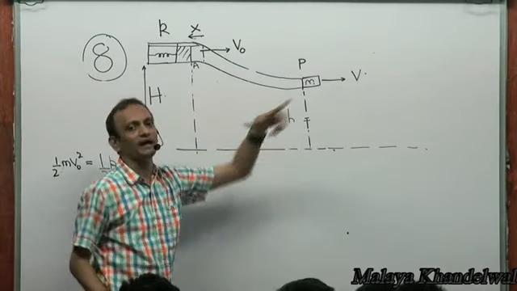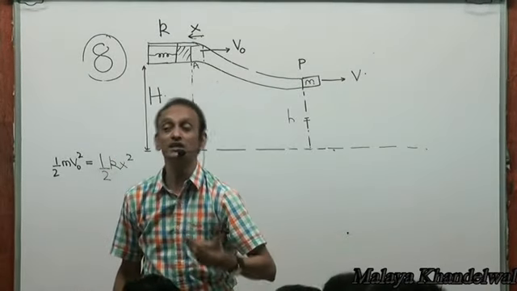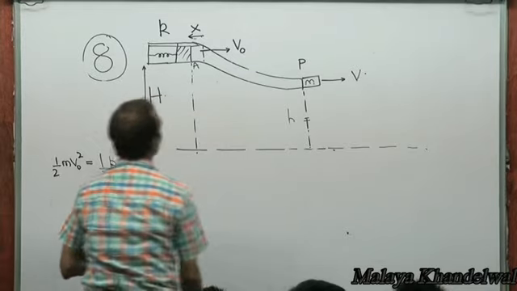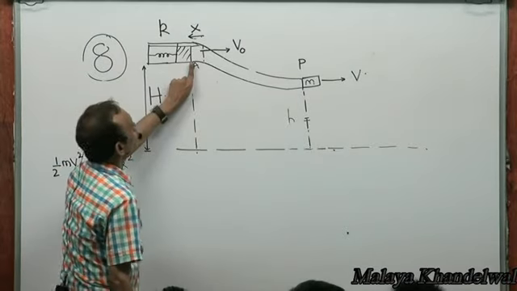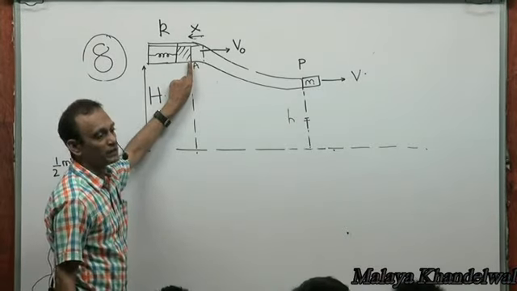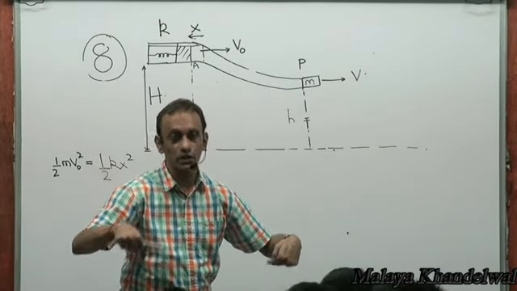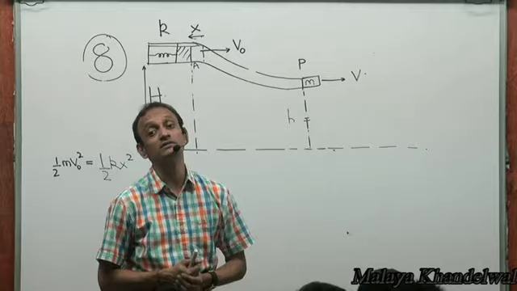Between A and P, I therefore deploy the work energy theorem. The only force acting on the particle between A and P is gravity, downwards. What's the downward displacement of the mass?